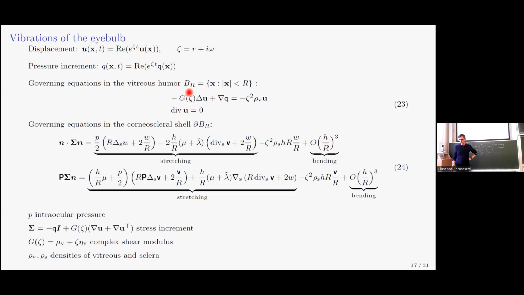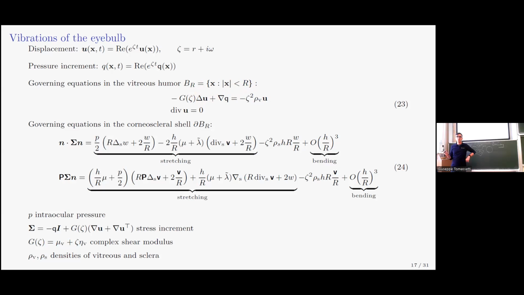The vitreous humor is the ball of radius R. So I'm really modeling the eye. Of course, the eye is not perfectly spherical, but we are approximating this with a spherical shell of radius R. And within this R, I have the equation of motion of linear viscoelasticity of an incompressible material.